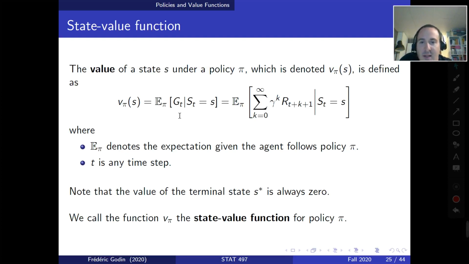It's the expected return at a given point in time if you start in state S and follow policy pi. So the value of a state is the expected discounted rewards in the future if you start in that state S and you follow the policy pi. So why is it important to have the value of a state depend on pi?